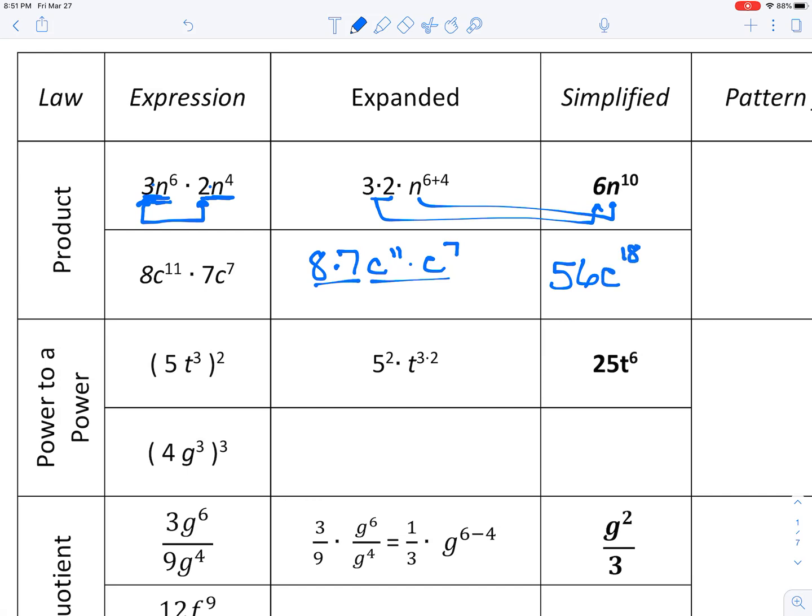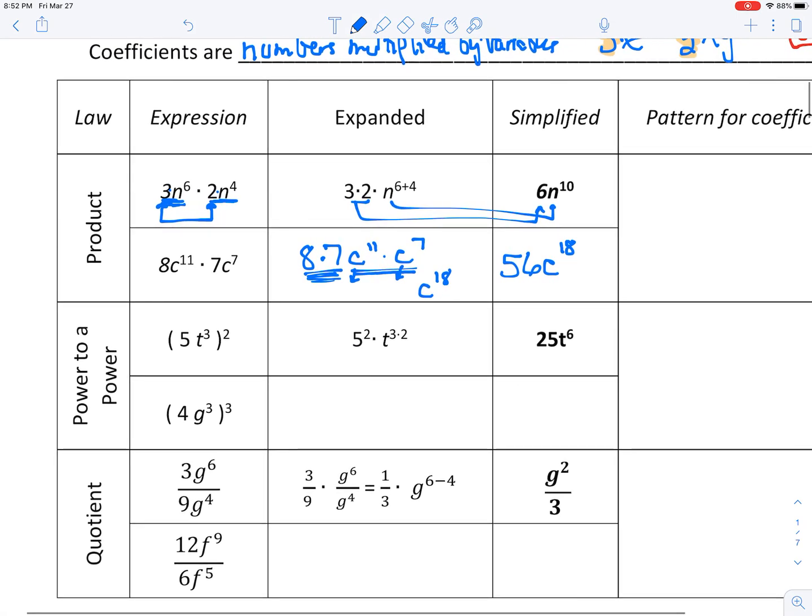You just got to remember that these coefficients do get multiplied, and this c to the 11th and c to the 7th are really being multiplied, but when that happens, the exponents are added, because we could write it out. That would be 11 c's multiplied times each other, and 7 c's multiplied times each other. Altogether, that is 18 c's multiplied times one another, and that's where we get 56c to the 18th.